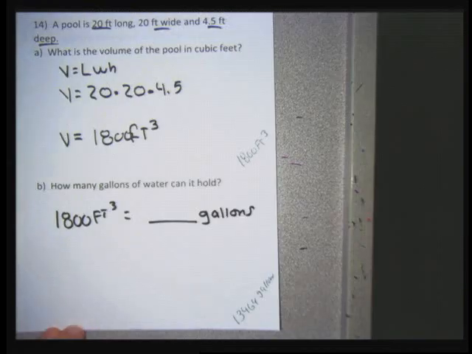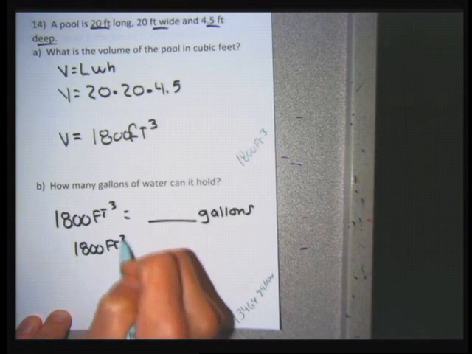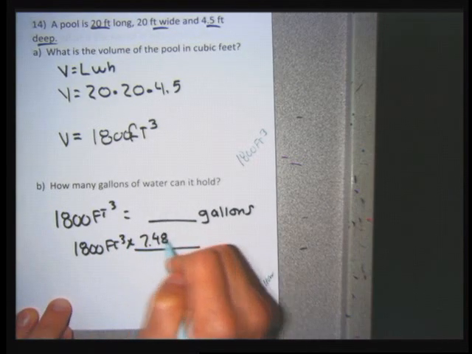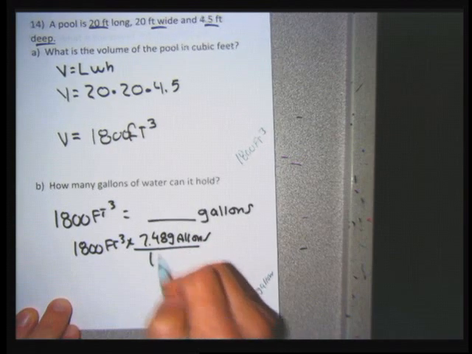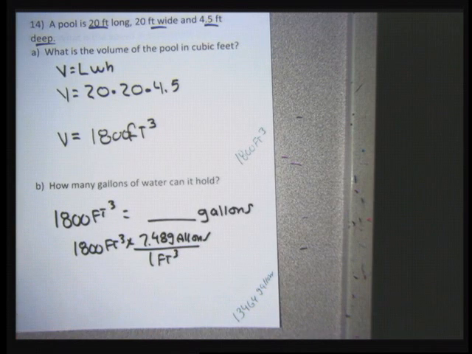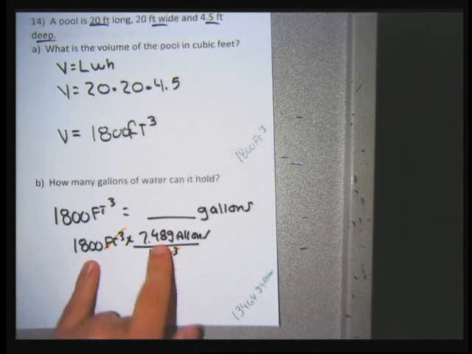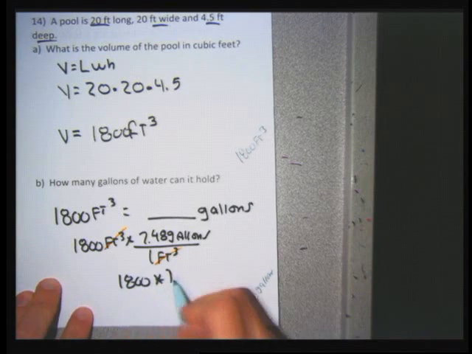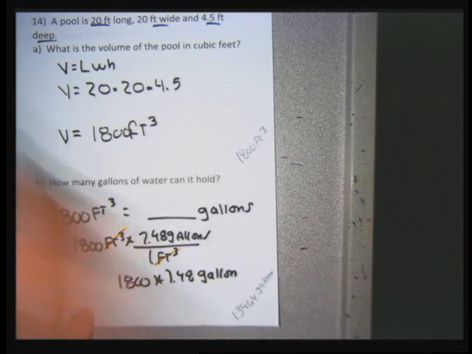So I'm going to take 1,800 cubic feet, multiply it by a fraction. The 7.48 gallons is going to go in the numerator because that's what I want to end up with. And the 1 cubic foot is going to go in the denominator. I want to get rid of the cubic feet. So now my cubic feet are going to cancel, and I just have to multiply 1,800 times 7.48, and my units are going to be the gallons that they need to be.